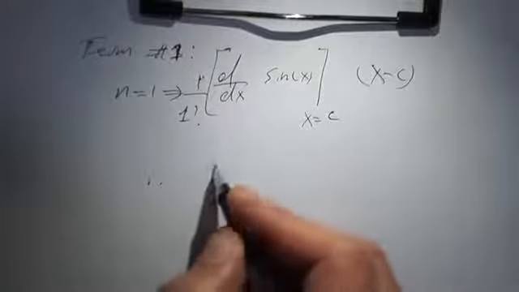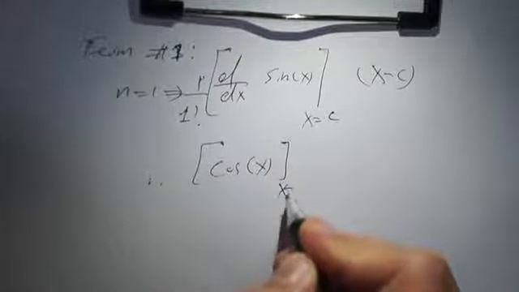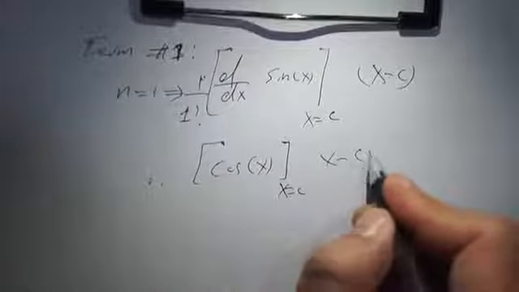The derivative of sin x is cosine x, at x equals c, times (x minus c).